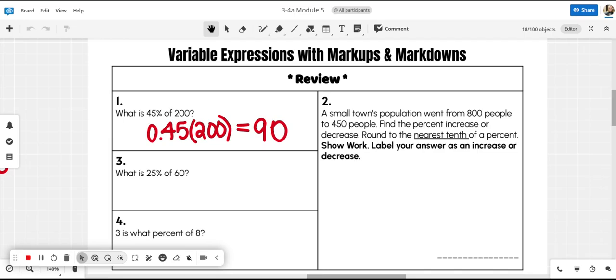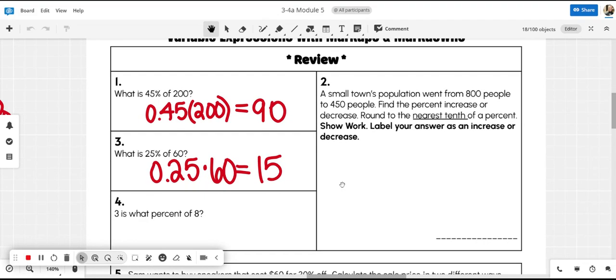25% of 60. Again, a very similar one. So 25%, so 0.25, of, again multiplication, times 60, get 15. And then number 4 is a little different. 3 is what percent of 8?